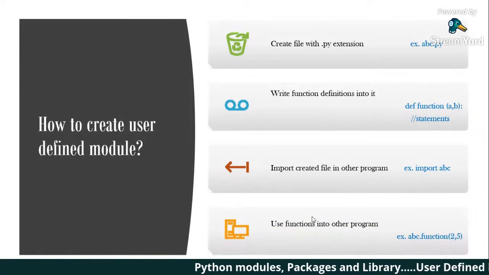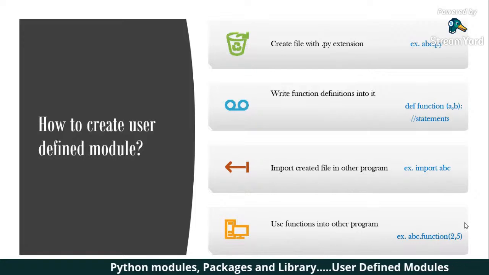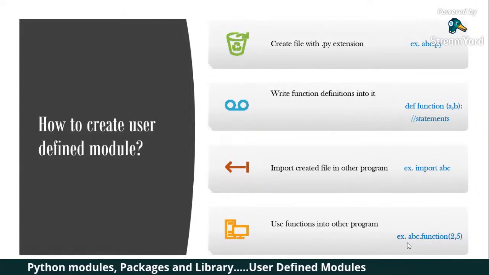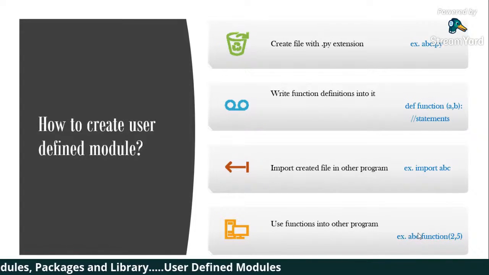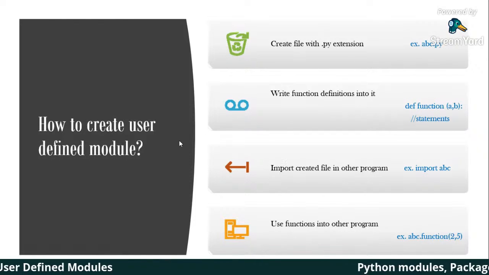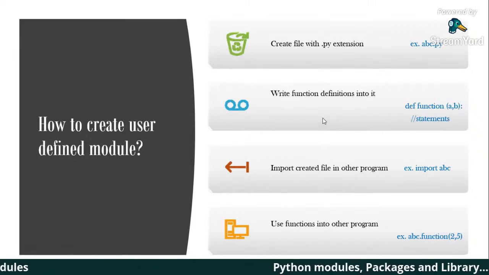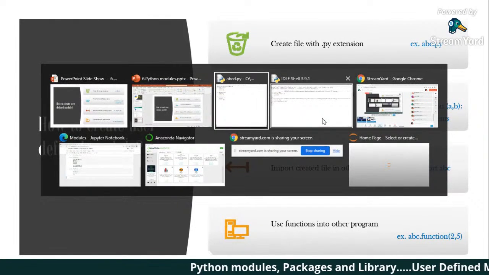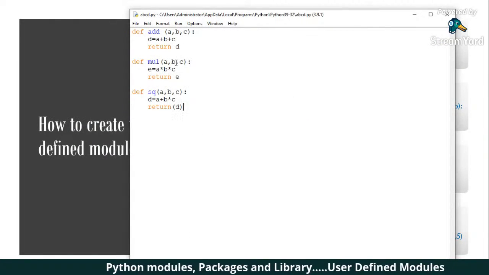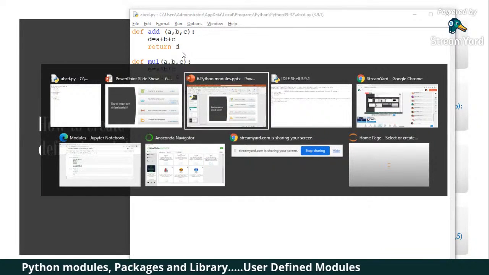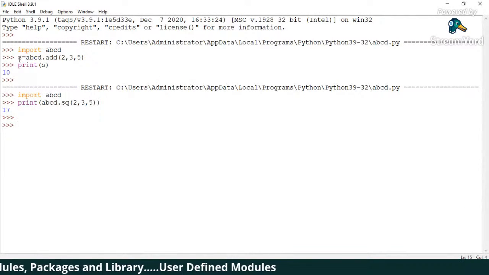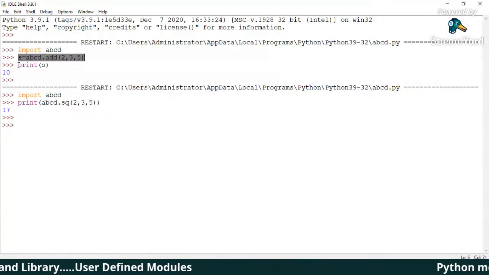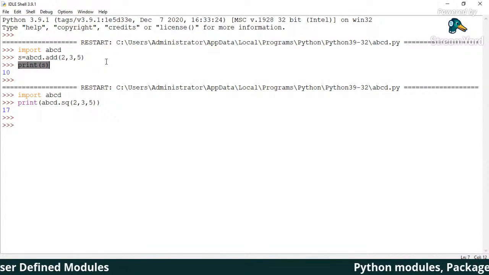And after that, you can use the function from that file, like the module name dot function name. In such a way you can write the user defined module and import it into the file. So this is the way how we have written it, and I think you have understood how to write a user defined module, how to execute that user defined module, and how to import it into the program.